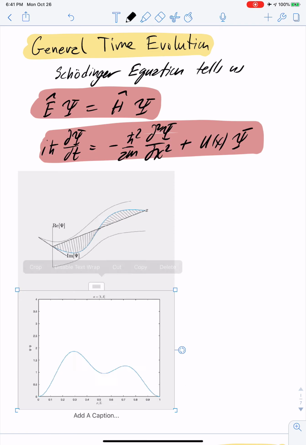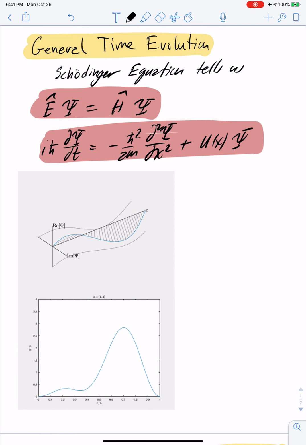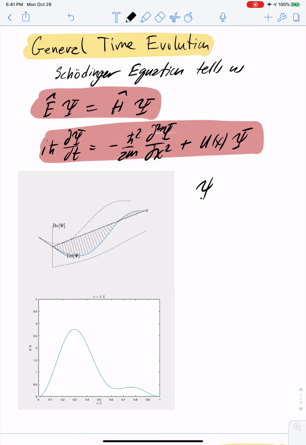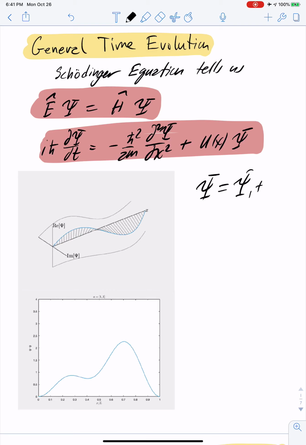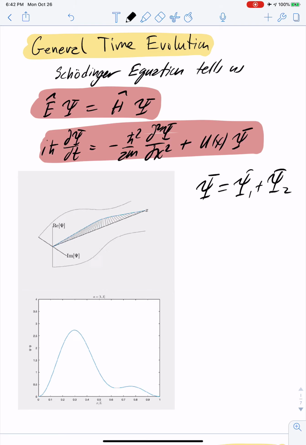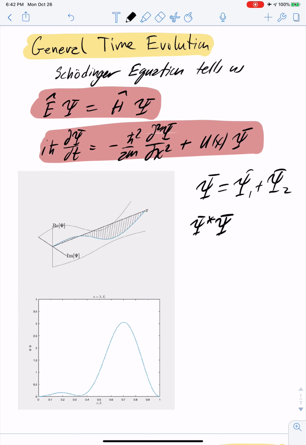This was the particle in a box, and it was the solution which was just the sum of the first two stationary states. Now remember, the stationary states, if we looked at the probability density, was a constant. It didn't change in time.